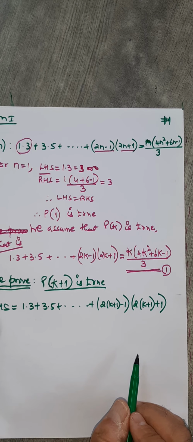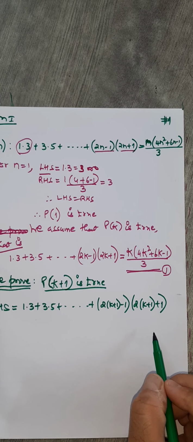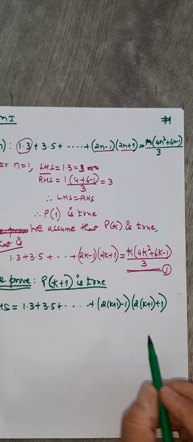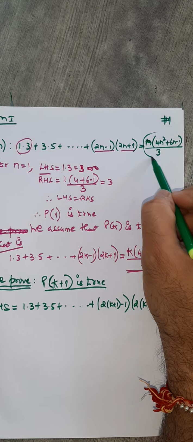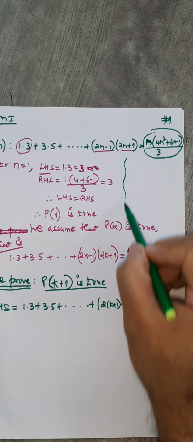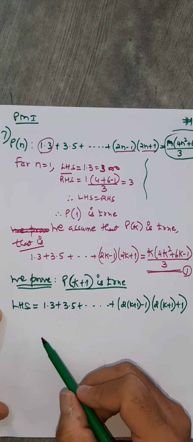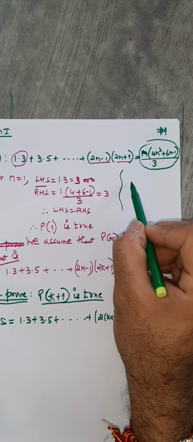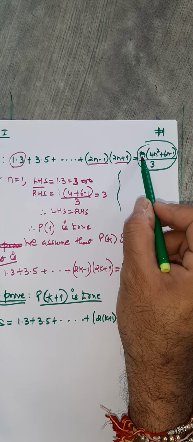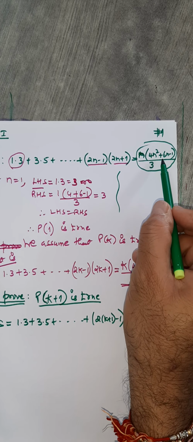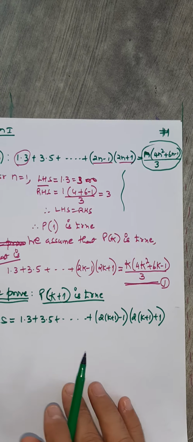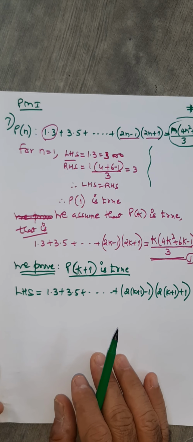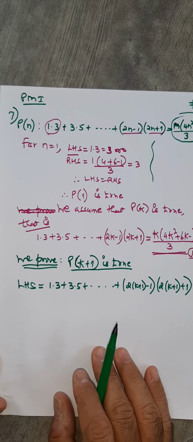Now what will we prove? That should be there in your mind. In the RHS, this is what we need to show at the end: instead of n, you must have k plus 1. So k plus 1 into 4 into k plus 1 whole square plus 6 into k plus 1 minus 1 by 3. That's what you want. So we keep this much in our mind, remember.